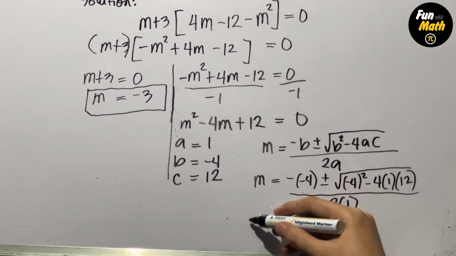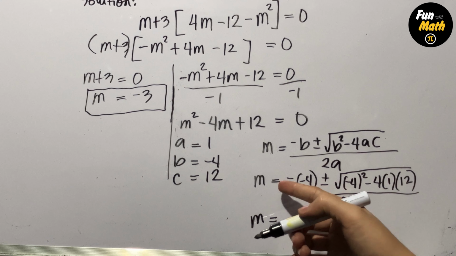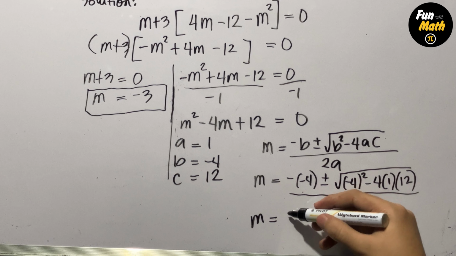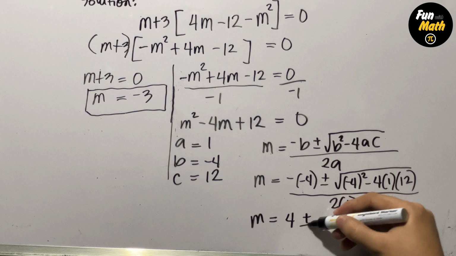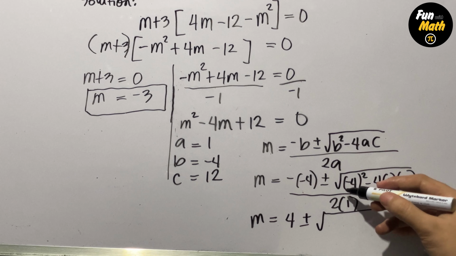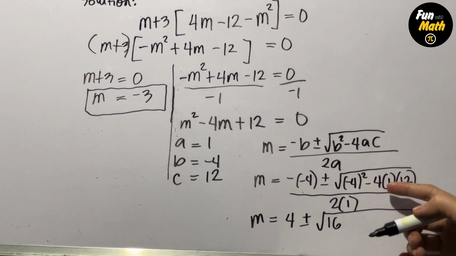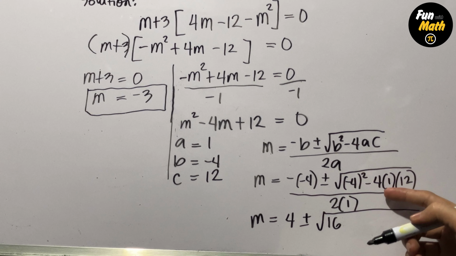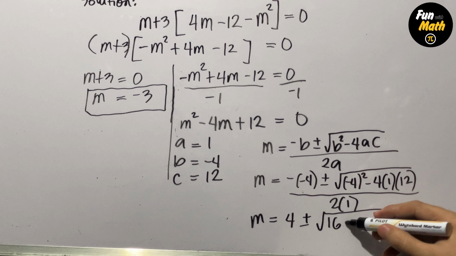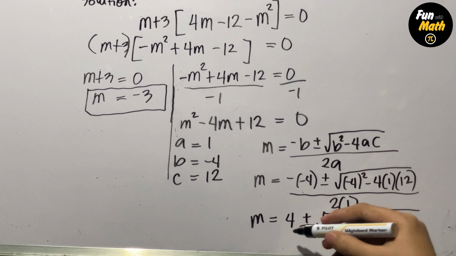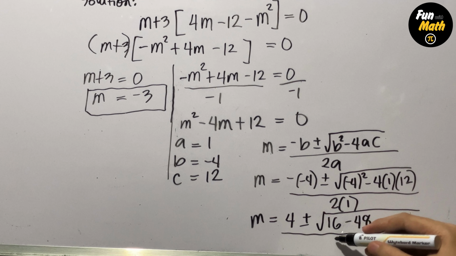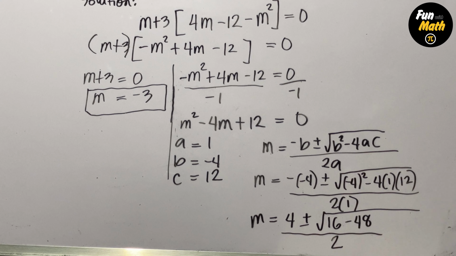And that is m is equal to negative times negative 4, that is positive 4, plus or minus the square root of negative 4 squared is 16, negative 4 times 1 is negative 4, times positive 12, that is negative 48, all over 2 times 1 is 2.